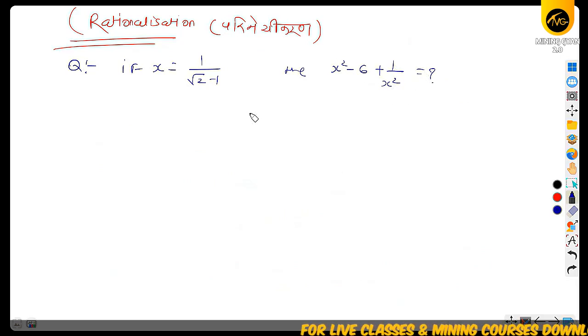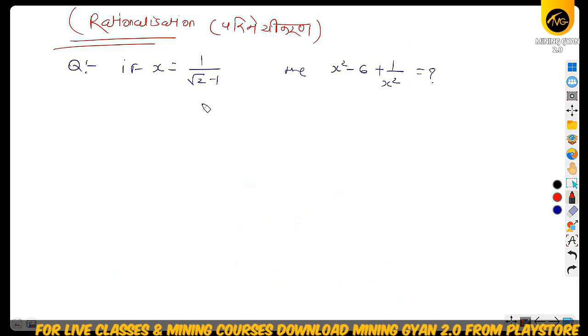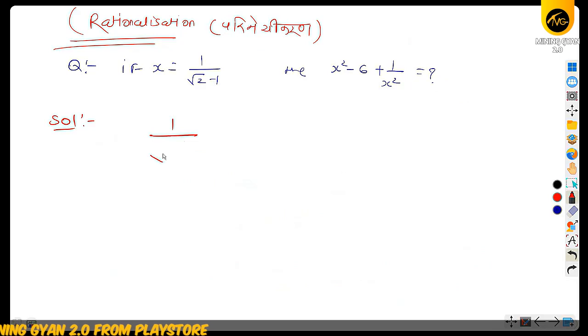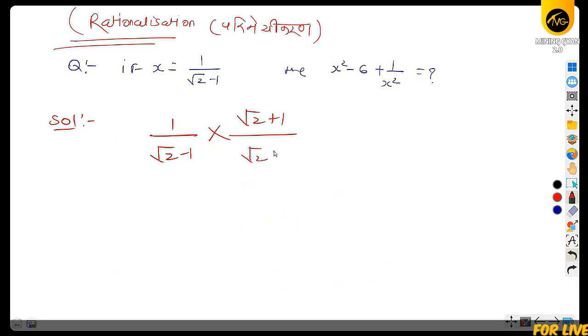In this case, we use rationalization, which means we multiply the numerator and denominator by the conjugate, changing the sign. So x is equal to 1 divided by (root 2 minus 1), just multiply by (root 2 plus 1) divided by (root 2 plus 1).